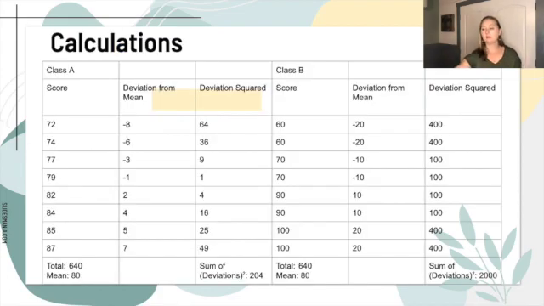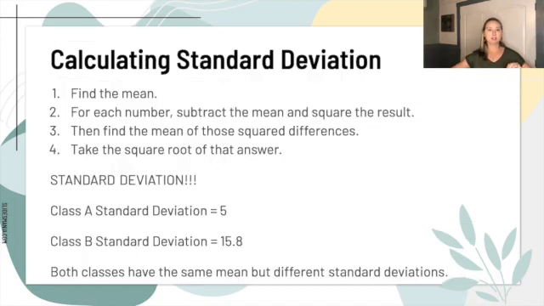Okay. The calculations here are complex, so I'm just going to start with the basics of how to calculate standard deviation. You take your data points and you find the mean or the average. So you add them together, and then you take that number and divide it by the number of data points. For each data point, you're going to subtract the mean, okay, and square the result.